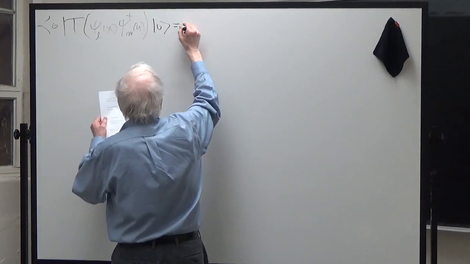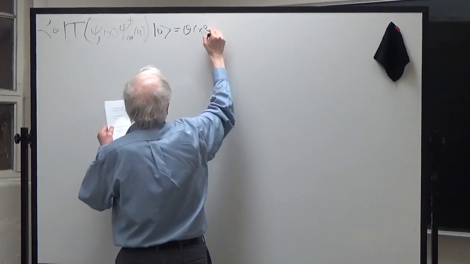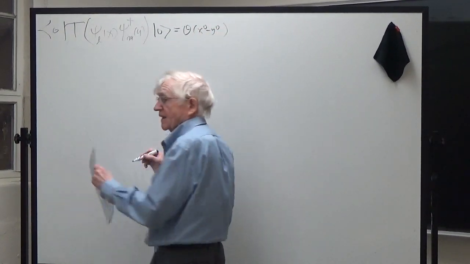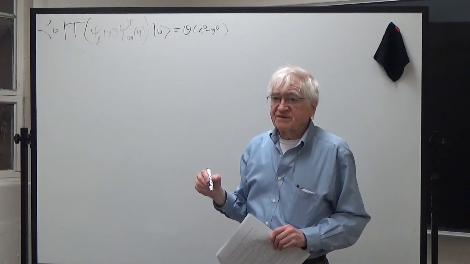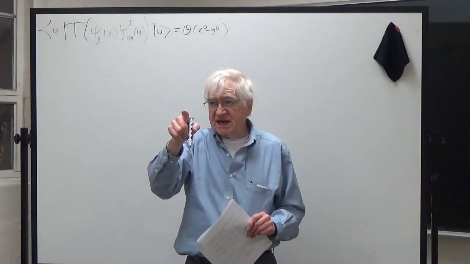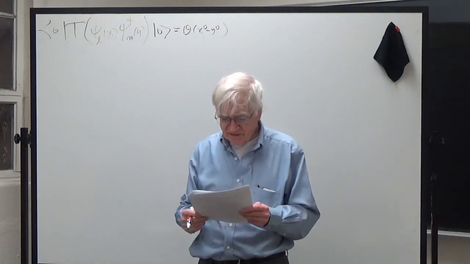And so what is this? This is theta of x0 minus y0, and what do we have? Well, we have this anti-commutator using the fields.